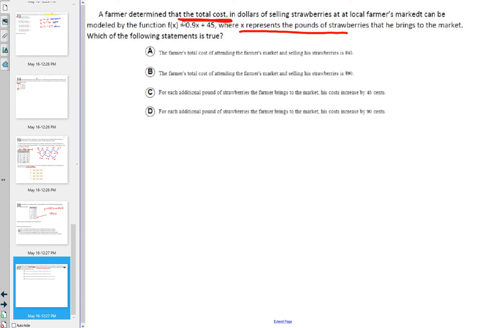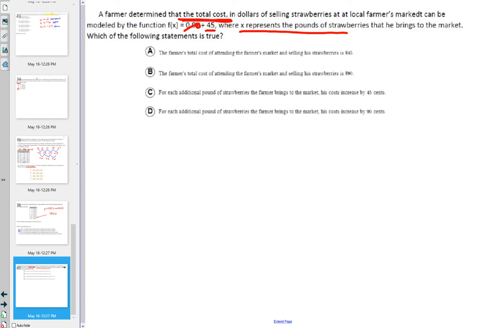Well, that makes sense because when he shows up to the farmer's market, how many strawberries has he sold? When you first show up, how many strawberries have you sold? None. So if he sells 0 strawberries, then his cost there is just the $45.